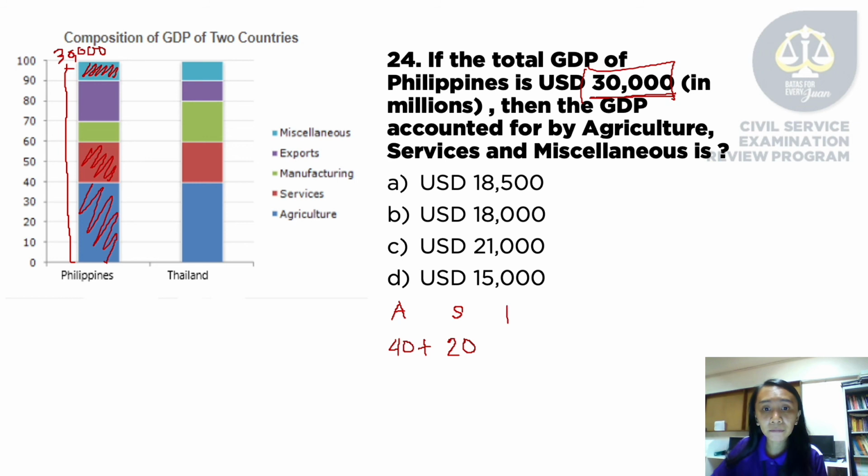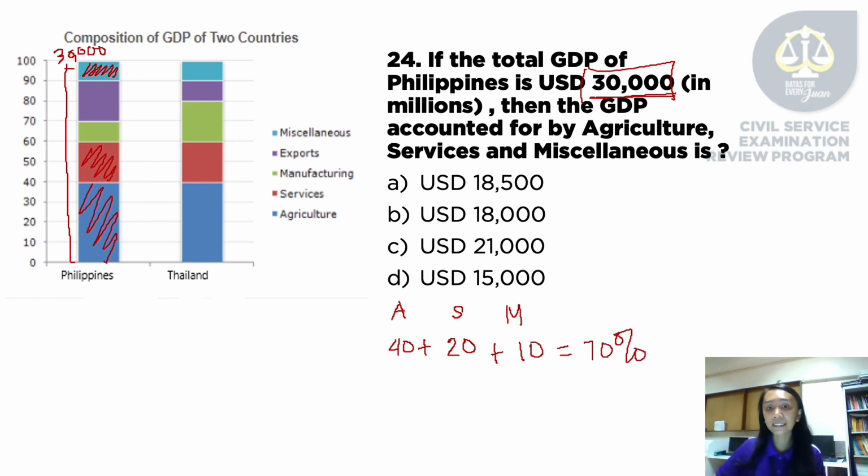And for my miscellaneous, that is from 90 to 100. So, the difference is 10. So, the percentage na naa-account nung tatlong sector na yon is 40 plus 20 plus 10. That would give me 70%.